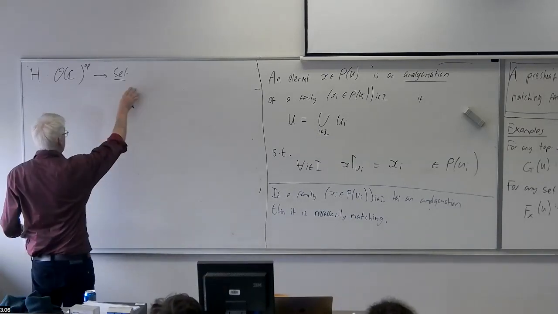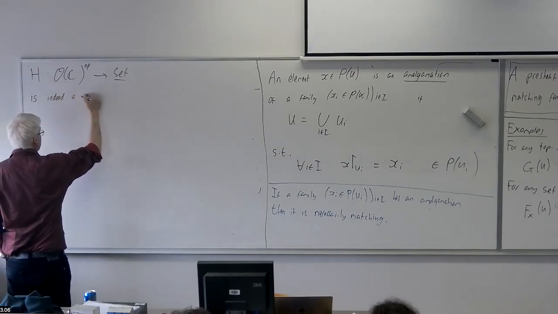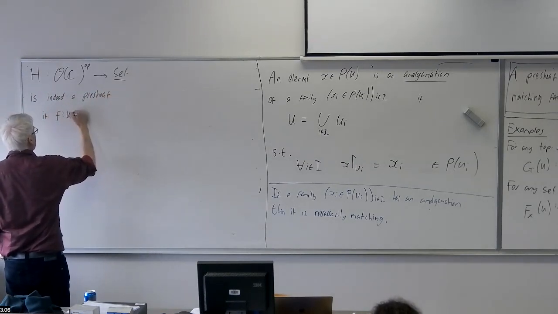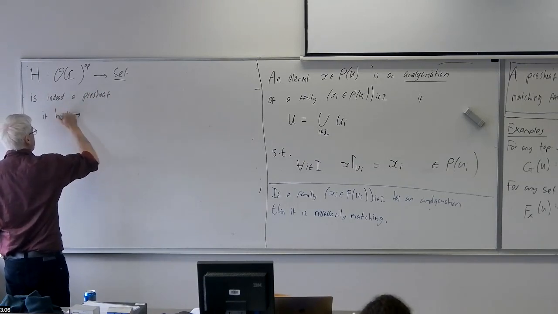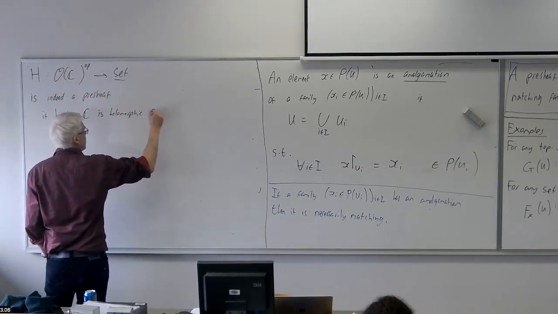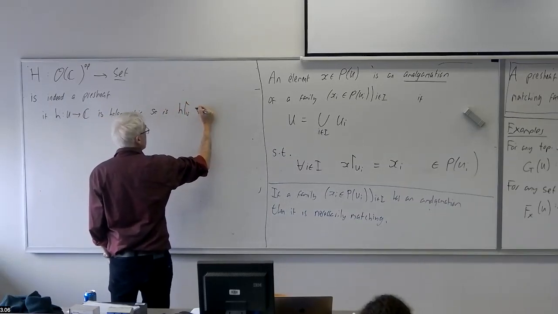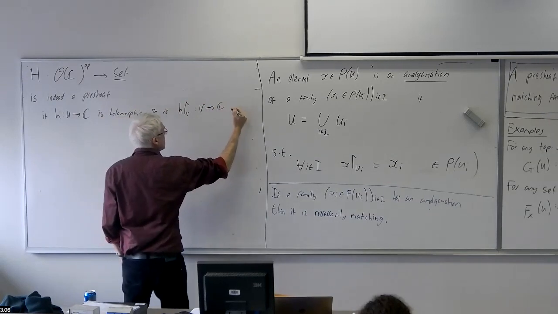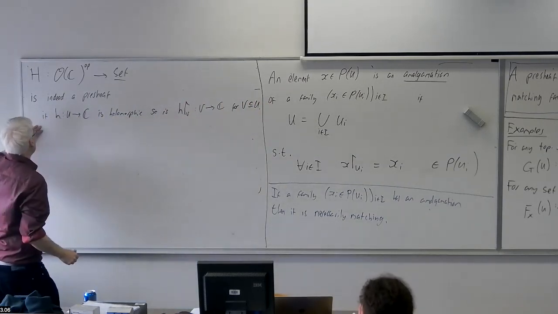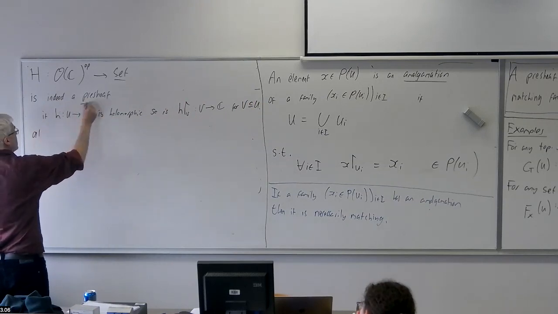So we've defined this just to say it is indeed a pre-sheaf, because if f from U into the complex numbers is holomorphic, so is any restriction to an open subset, for any V subset of U. And it's also a sheaf.